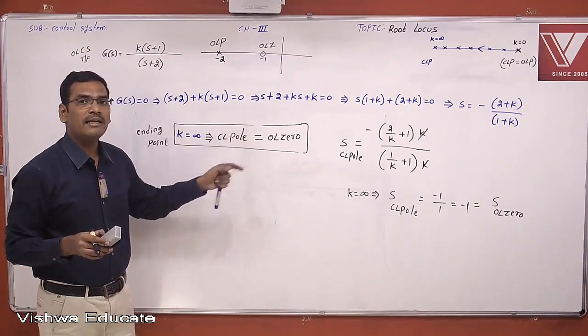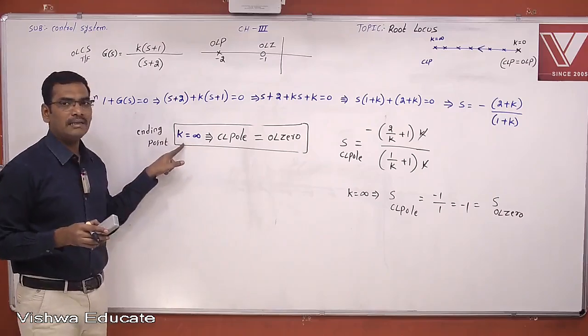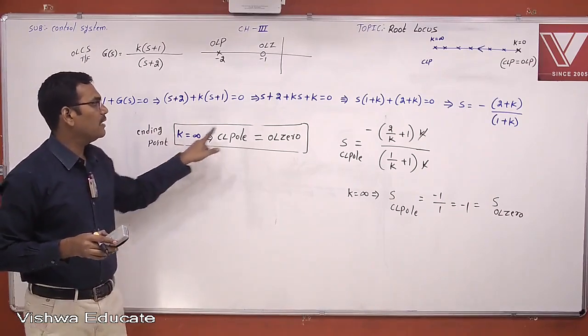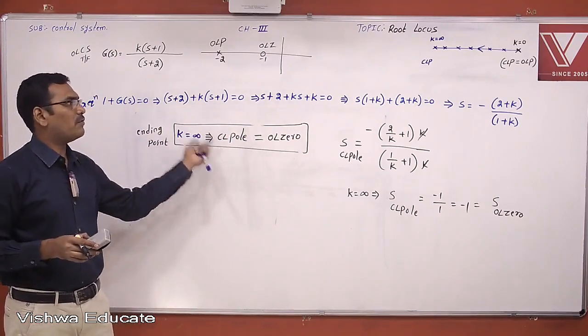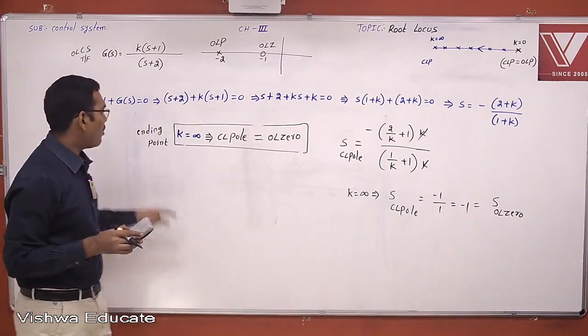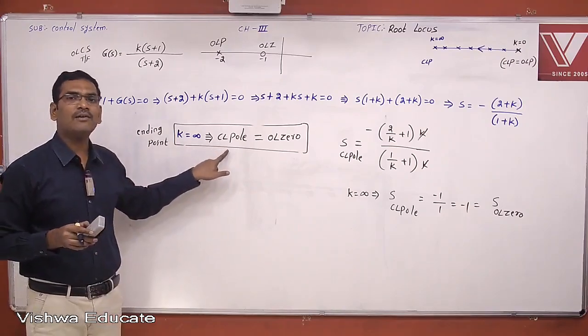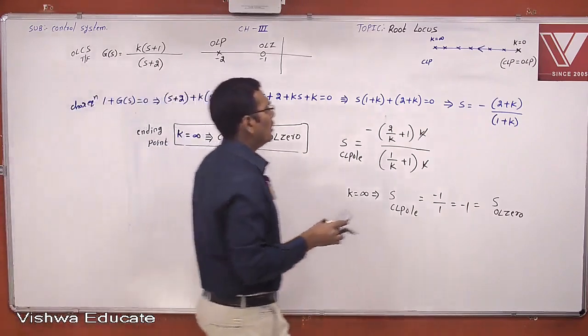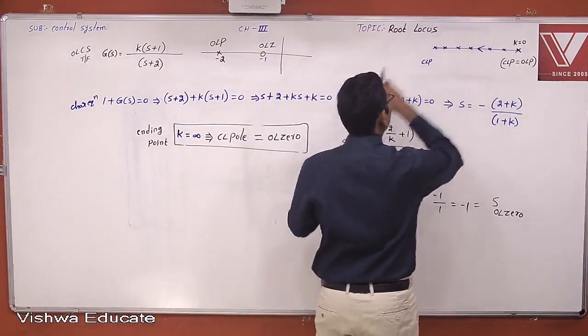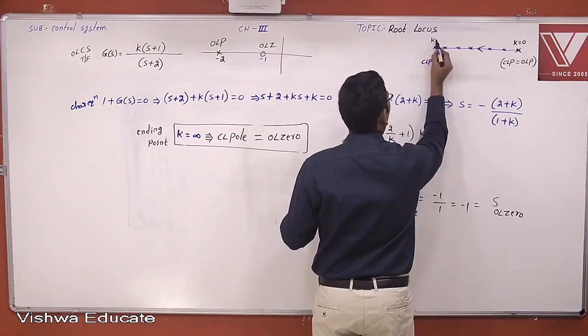Now this is valid only in the presence of system gain k. When k equals infinity, the open loop 0 will be the same as the closed loop pole. Therefore, for the ending point, is there any difficulty to find the closed loop pole? You may use the open loop 0. Therefore, the root locus diagram ends with k equals infinity.